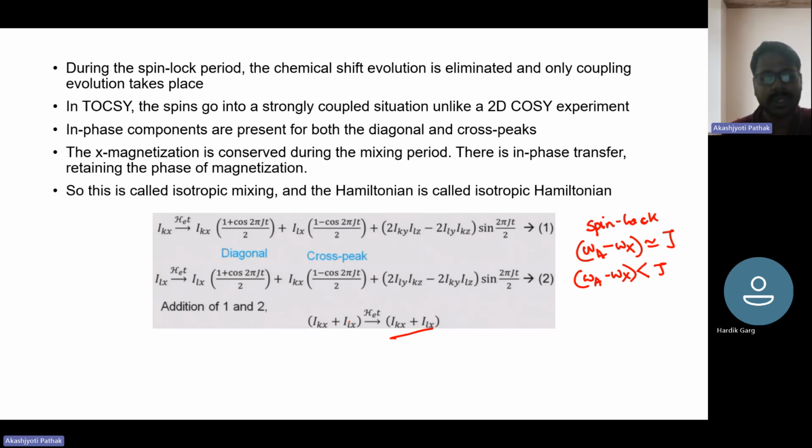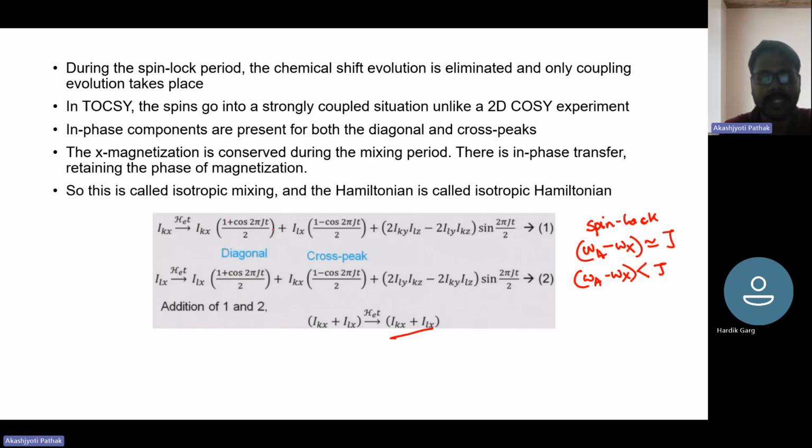Right. So this indicates that this X magnetization remains conserved during the mixing period. There is in-phase transfer that is taking place, which helps to retain the phase of the magnetization. So this is called isotropic mixing. So what is happening in the spin lock period?